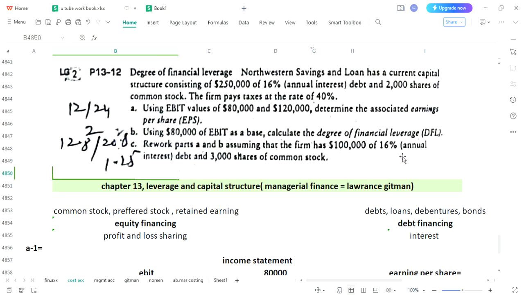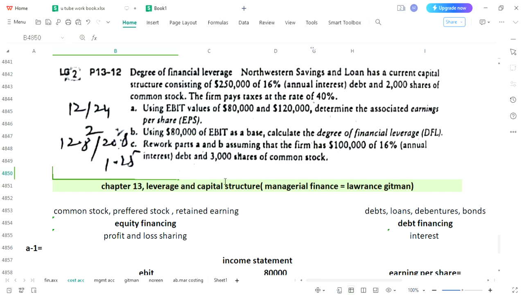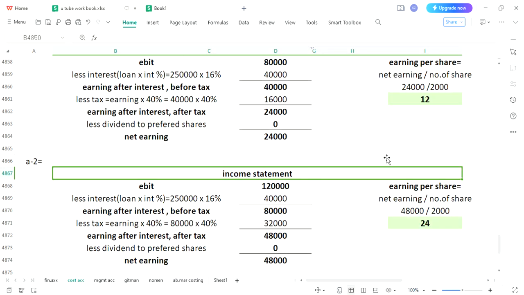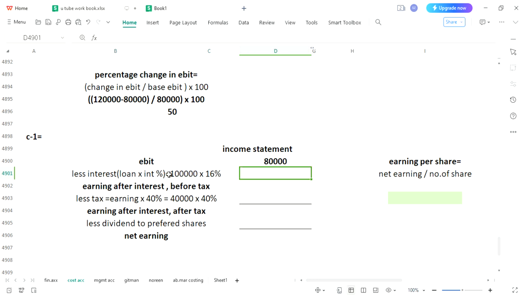Let's get back to the question and see what change in percentage has been said. Okay, 1 lakh 16%. Percentage has not been changed, that would be similar. So amount of interest on loan would be calculated by taking the amount of loan multiplied by interest percentage. It is now 1 lakh and 16% rate of interest.